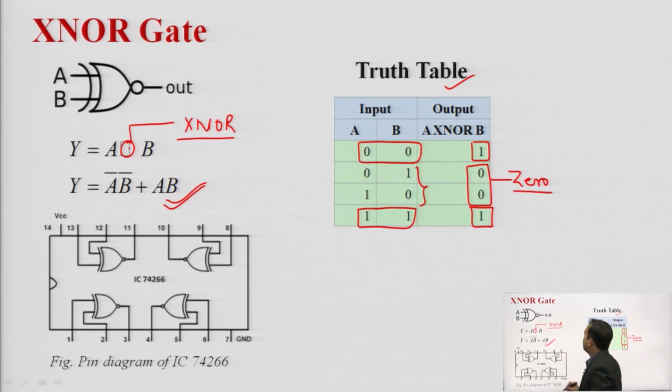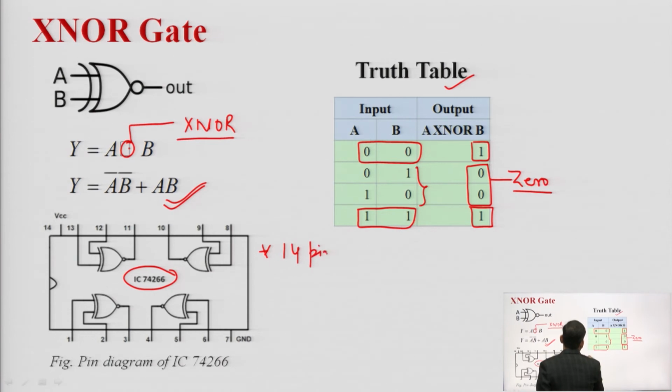Means the output is opposite to that of an XOR gate, so XOR followed by a NOT gate is equivalent to XNOR. The IC number is 74266, which is again a 14-pin IC having 4 XNOR gates.